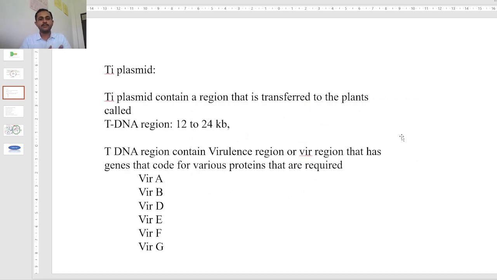This virulence region has six Vir genes, VirA, B, D, E, F, and G, and they work in an operon manner, acting synergistically to start the process of transfer up to the integration of this DNA into the host genome.